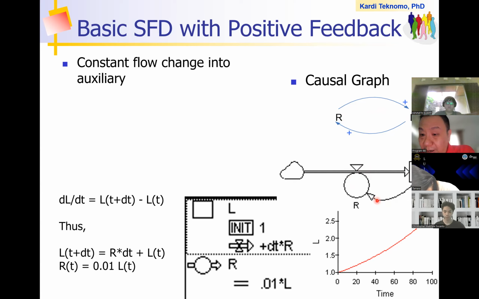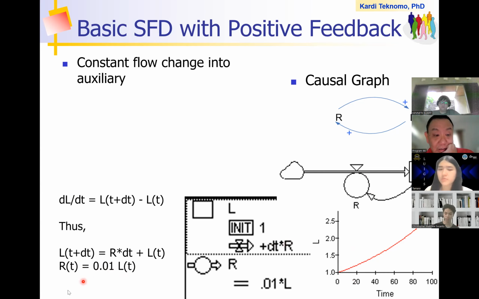Once you draw this, the software will automatically generate the differential or difference equation. This is the rate, and this is the level. And of course, you just put the value here, then you will get the curve.